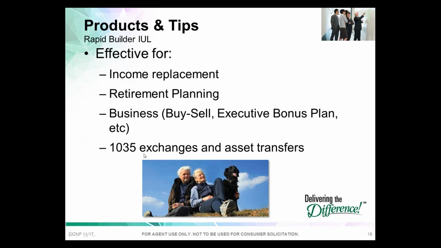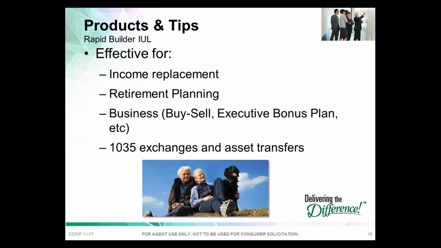And one of the more effective ones is the 1035 exchange. One of the objections that you sometimes get on a 1035 exchange is, hey, where'd my money go? You'll show them a really nice illustration. The non-guaranteed column looks great, but what happens? Their eyes immediately go to the guarantee column in year one.